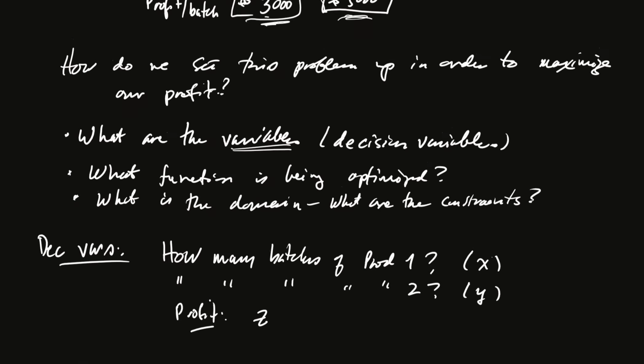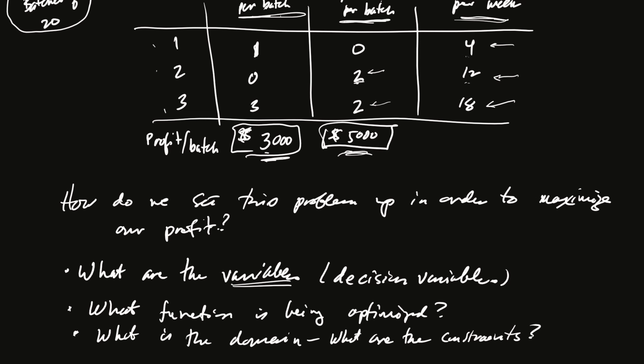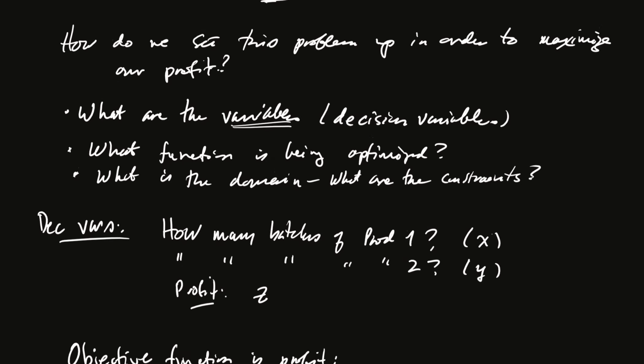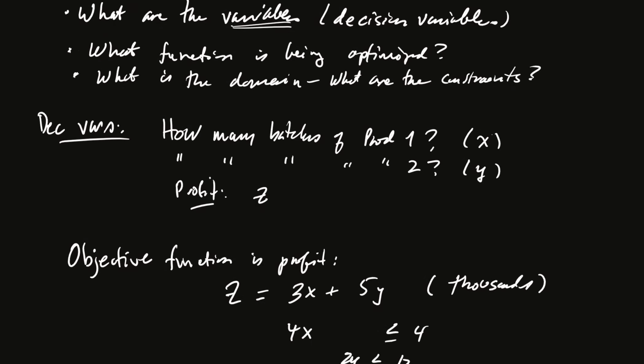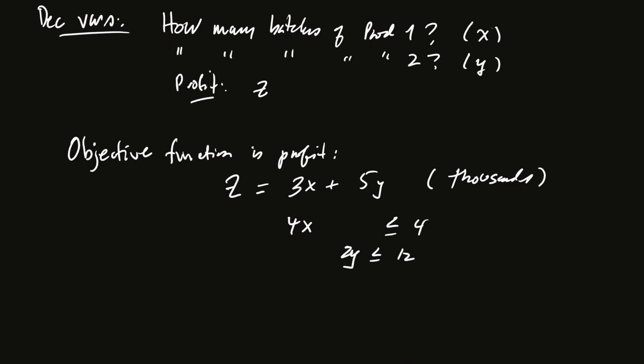And then finally, we have 3 hours per batch of product 1, and 2 hours per batch of product 2. If I sum those together, I should have less than or equal to 18. So again, 3x plus 2y has to be less than or equal to 18.